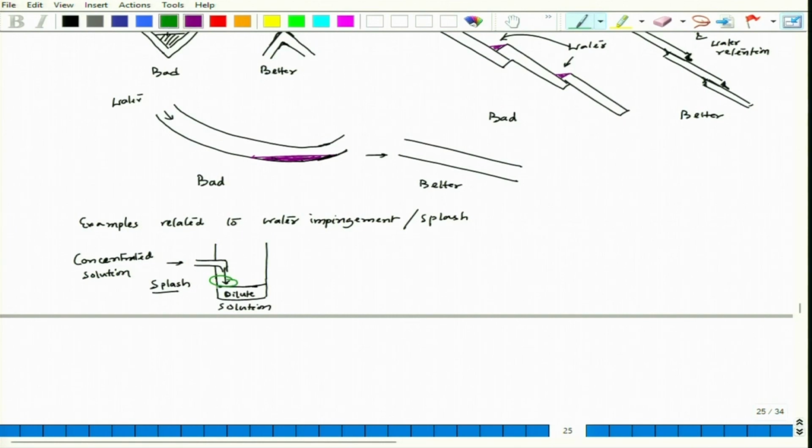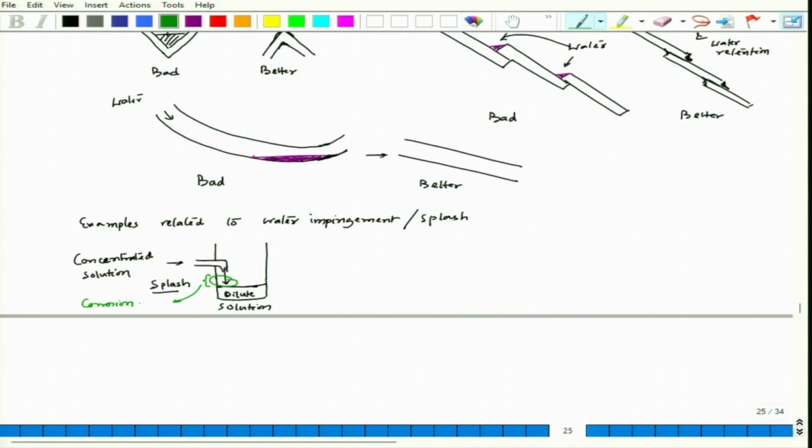So this particular wall can have corrosion. We can say there could be a possibility of severe wet and dry kind of corrosion, as well as concentrated solution actually sticking to the surface. It can lead to a higher degree of corrosion there. So in fact, we have to avoid this splash.